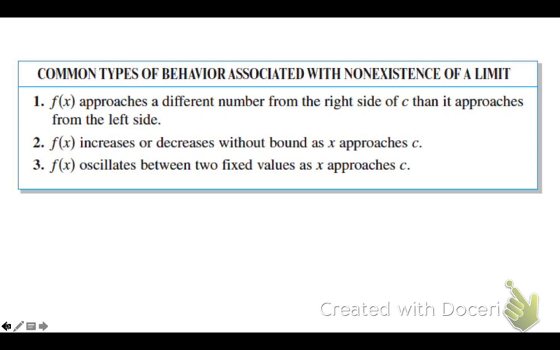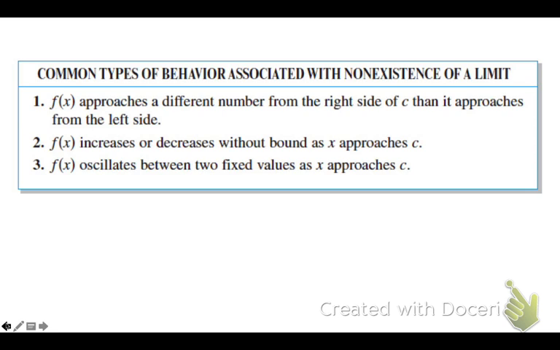The limit does not exist if it approaches two different numbers from the left and the right. Paraphrase that: the limit does not exist if from the left and from the right they approach two different numbers. The limit does not exist if it increases or decreases without bound. That would mean an asymptote.